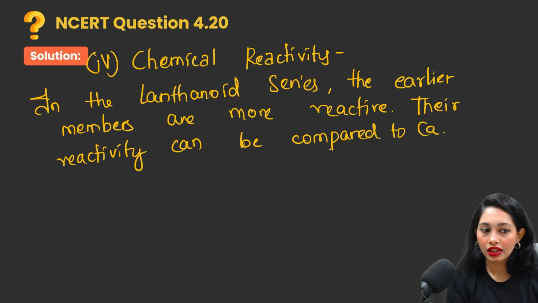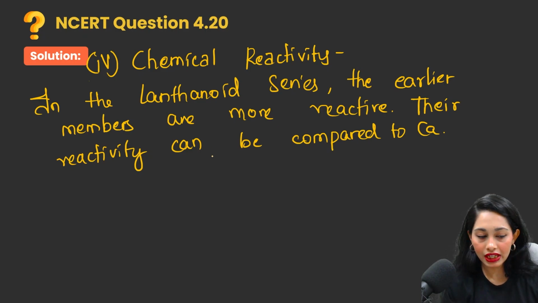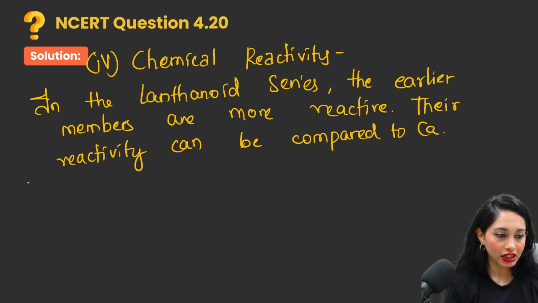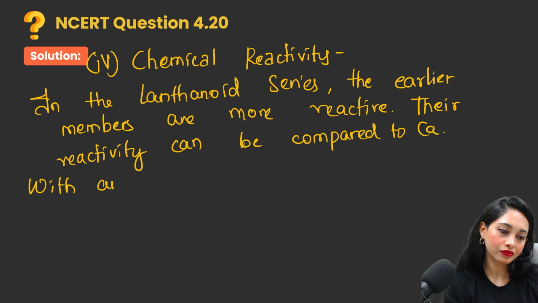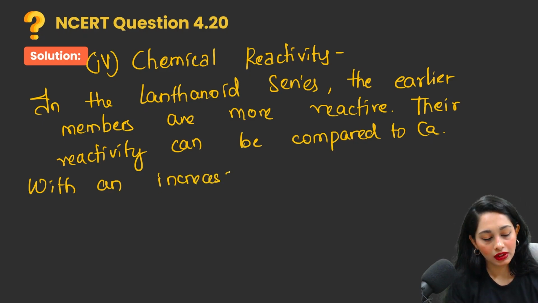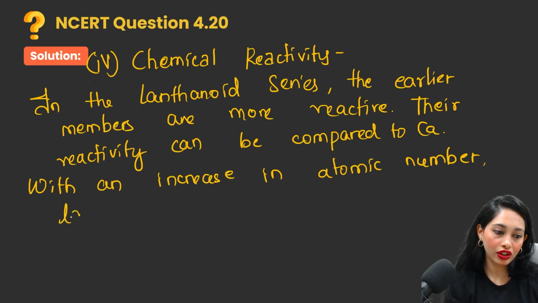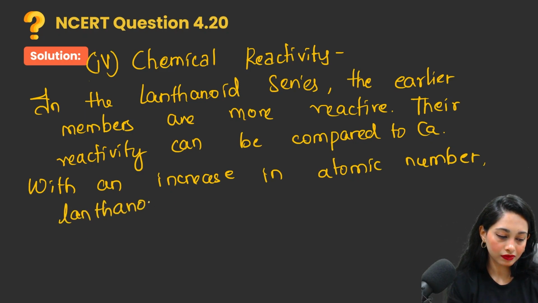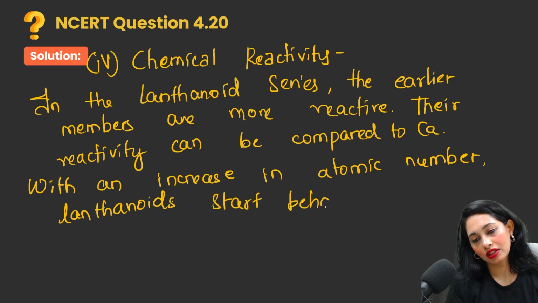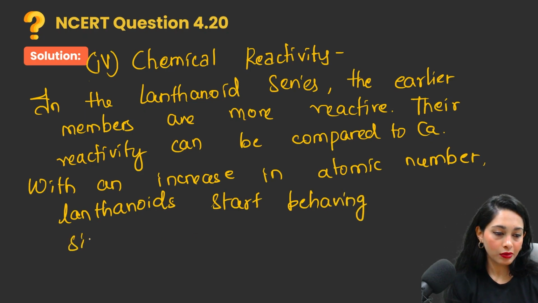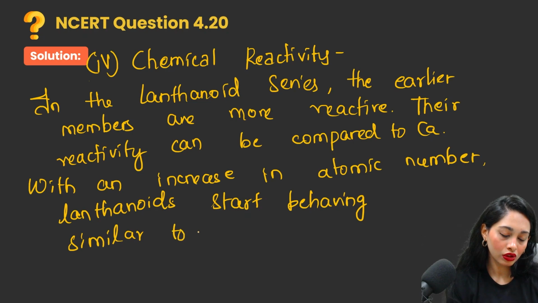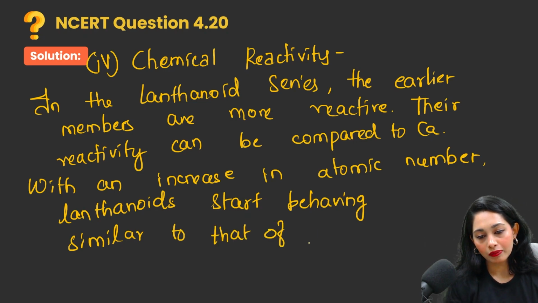So how calcium reacts, that's how we can compare how the earlier members of the lanthanoid series are going to be reactive. Okay. So with an increase in atomic number, these elements, lanthanoids, start behaving similar to that of aluminium.